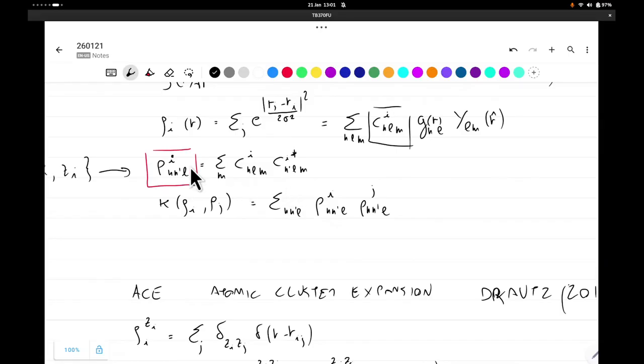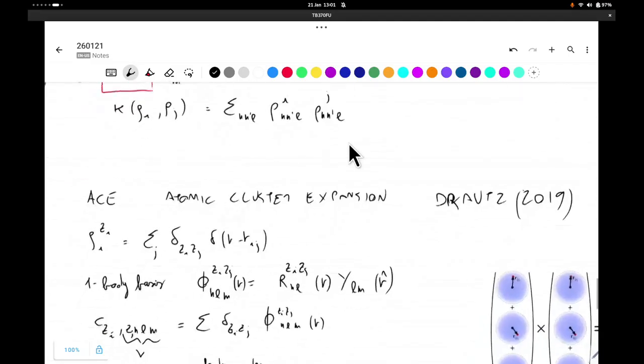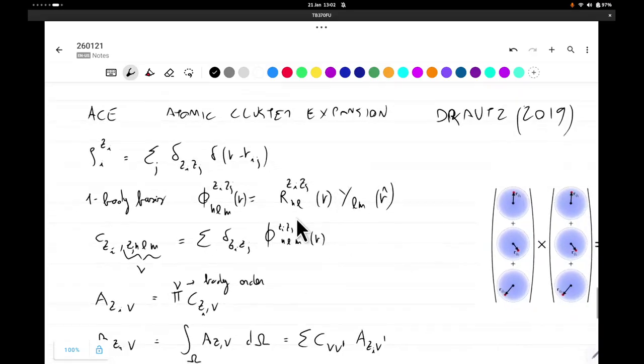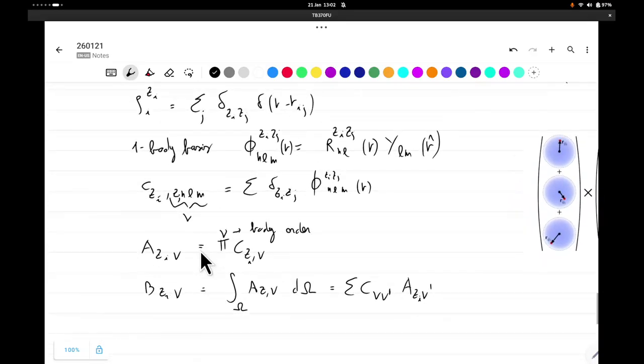Absolutely not trivial. The two body term is exactly the same as this one, give or take the fact that here there is a sigma, a Gaussian, while here there is no Gaussian, but it's essentially the same. But in this way, Drautz has defined a systematic way to include all n bodies in your expansion.